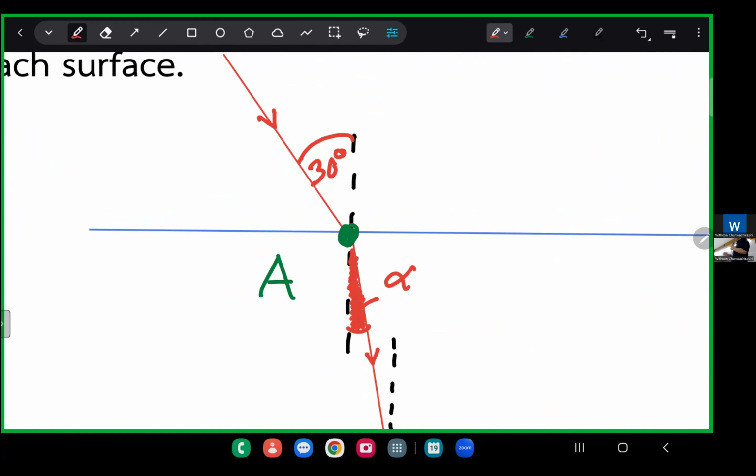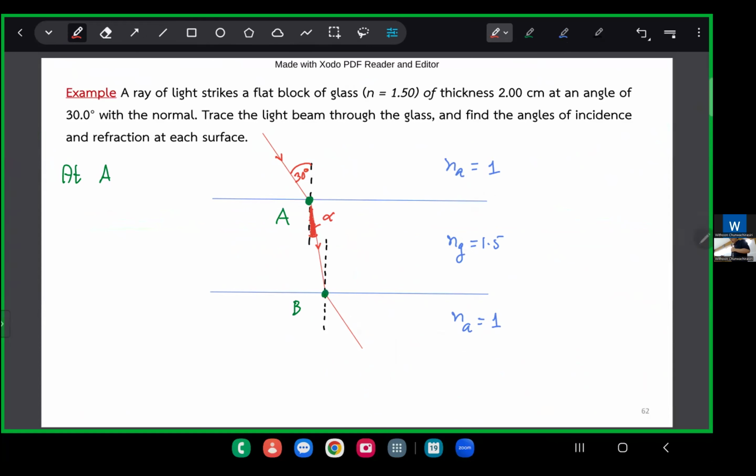At point A, I can say N of air sine 30, everyone with me, that is happening in the air, must be equal to N of glass sine of alpha. That's how you apply Snell's law at point A. Your job is almost done.